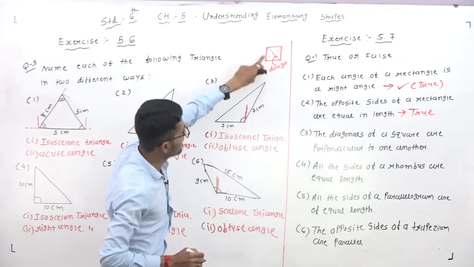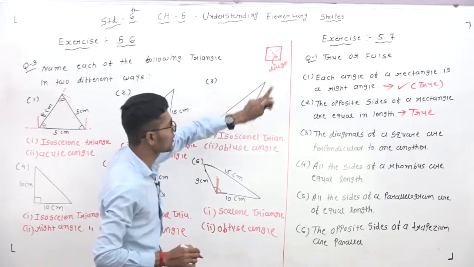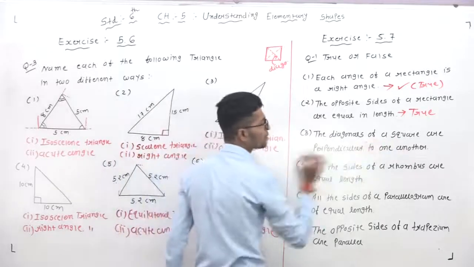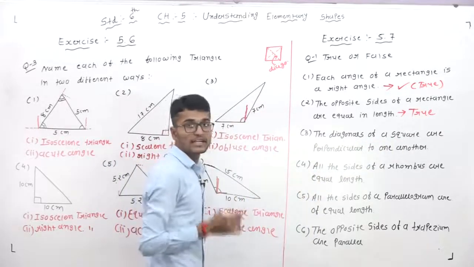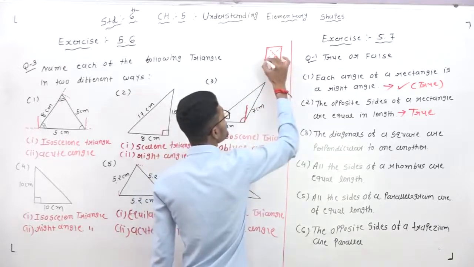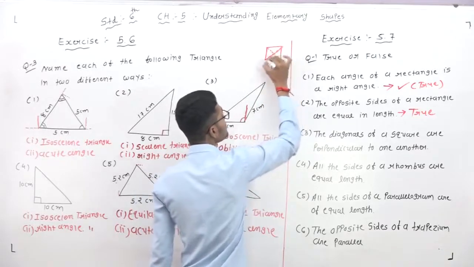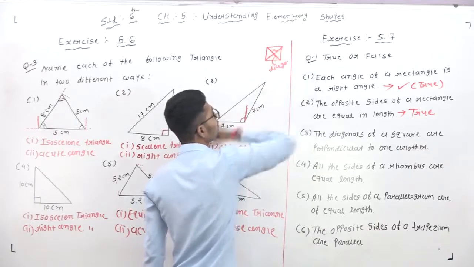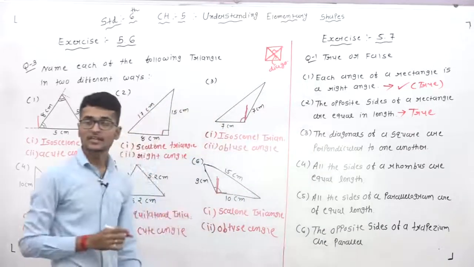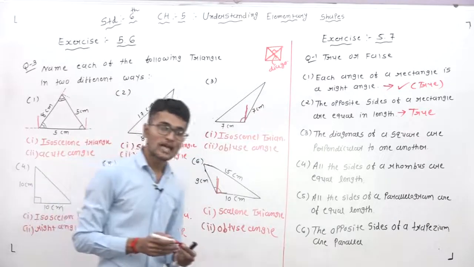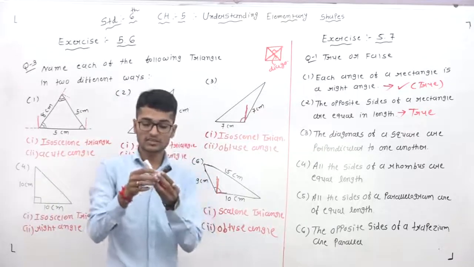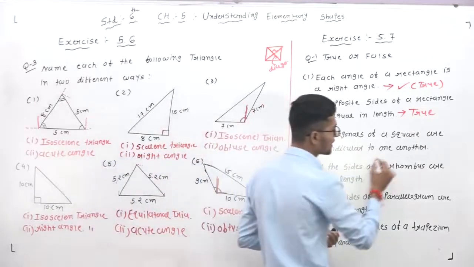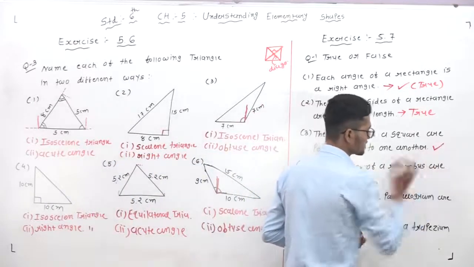In any quadrilateral, how many diagonals are there? Two diagonals. So diagonals of the square are perpendicular to one another. Perpendicular means 90 degrees. If the two diagonals of a square intersect each other, the angle is 90 degrees. So this one is also right, because they are perpendicular to one another. This means this is the right answer.